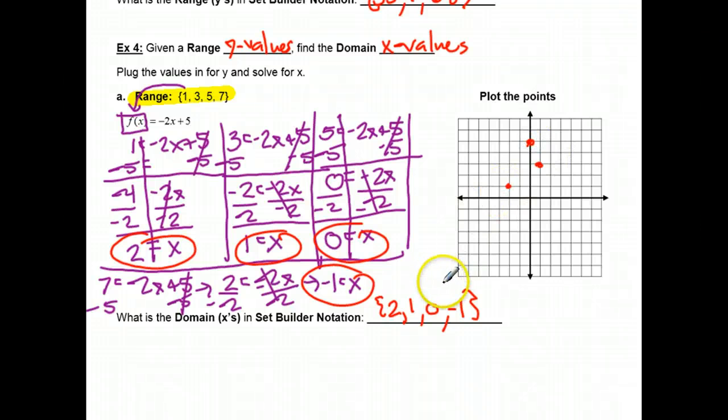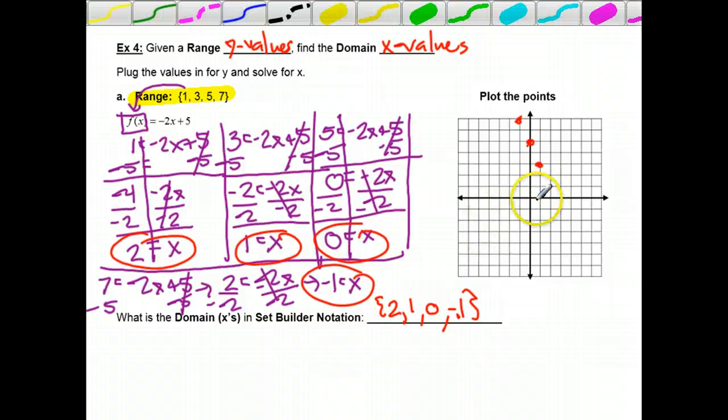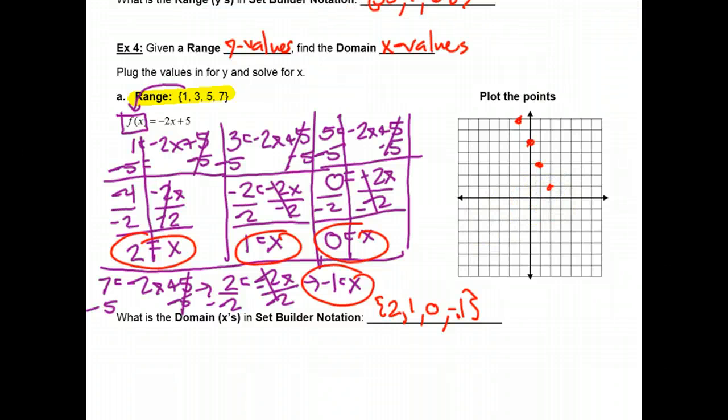And then lastly, we plugged in 7 and out came -1. So now it's -1, 1, 2, 3, 4, 5, 6, 7. My bad, I made a mistake. I plotted -2. This was a +2, 1. So this first point was wrong. So now it's +2, 1 for that first point.